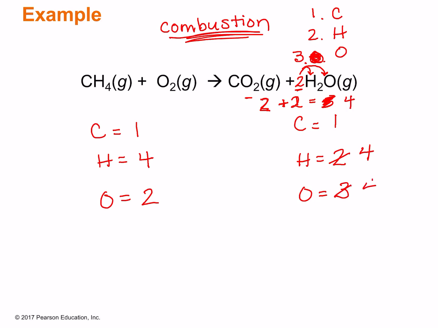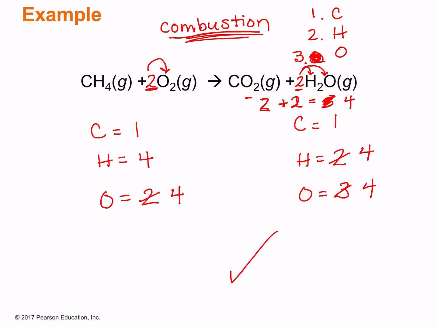So we have 4 oxygens. So now looking at this, we need to put something out front on the reactant side to multiply by that existing 2 to get us 4 like we have on the other side. So we'll put a 2 here. So 2 times 2 gets us 4. And now it's balanced. 1 carbon on each side, 4 hydrogens, and 4 oxygens.